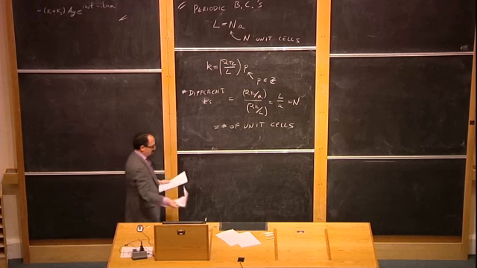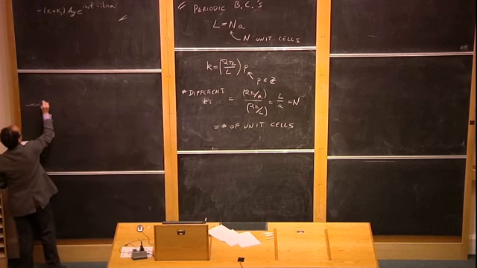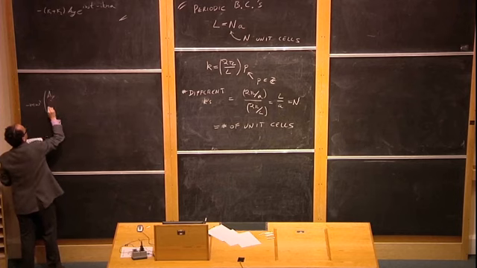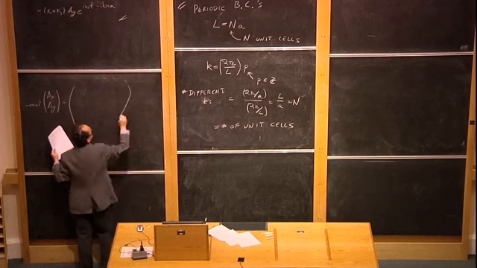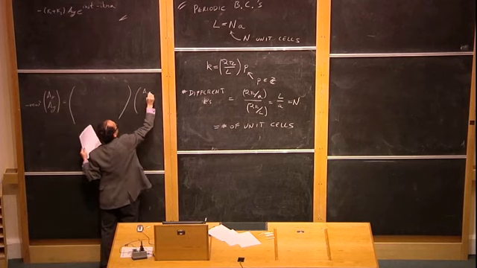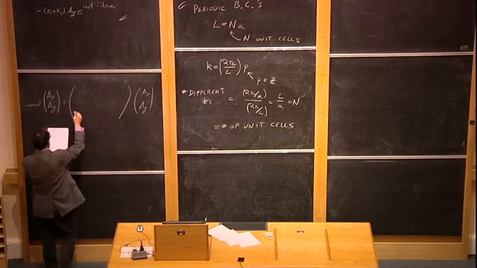I'll write it this way. Minus m omega squared times the vector ax ay equals some big matrix times the vector ax ay. And the big matrix is, what is it?